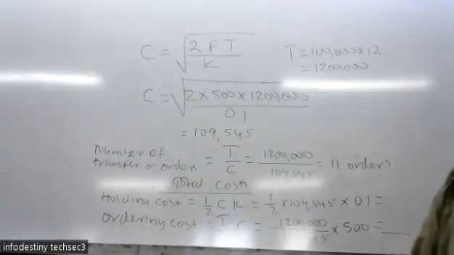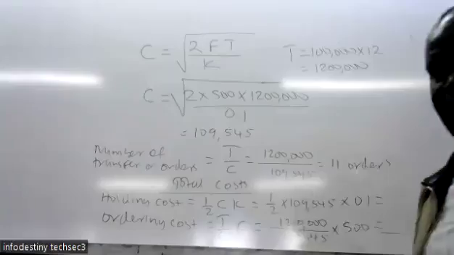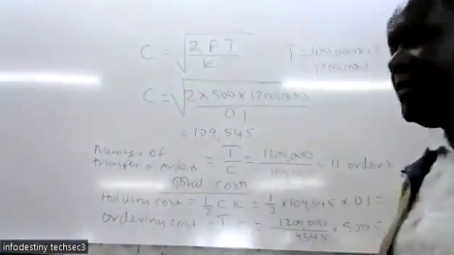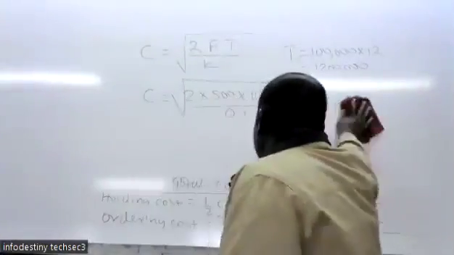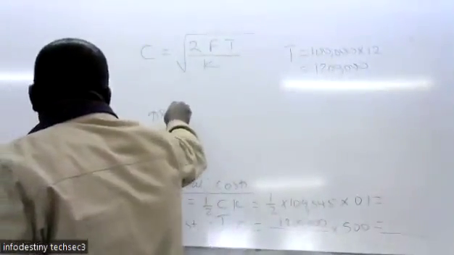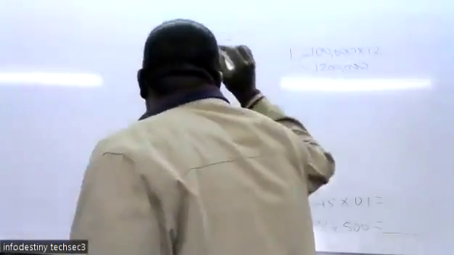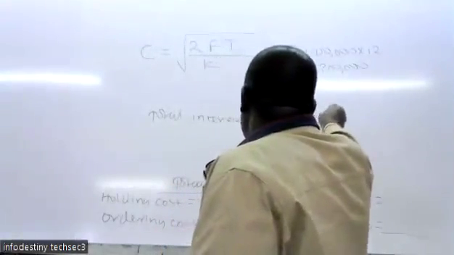Then now we go to Roman letter 4. Opportunity cost is the same as the total interest. So for that total interest, you simply get 10% of the 1.2 million.